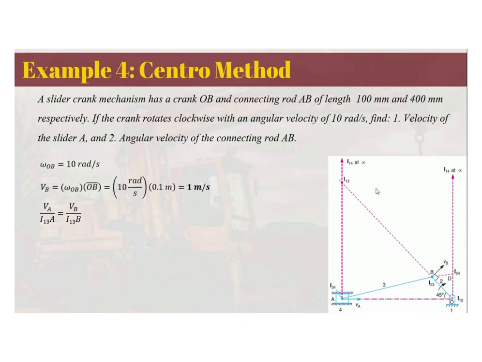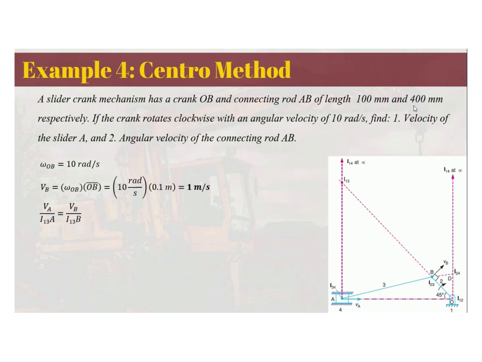All we have to do is solve for the distance I13 to A. Using the analytical approach, you just use trigonometry, and using the graphical approach, you can measure it with a ruler, assuming that the dimensions and angles are correct. So it should be 45 degrees, and the lengths should be 100 mm and 400 mm.